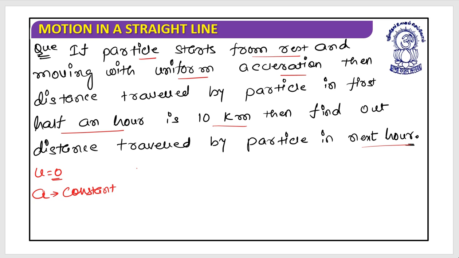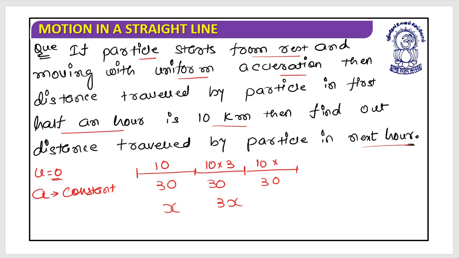That means if I arrange this as first 30 minutes, half an hour, another 30 minutes, another 30 minutes, so this distance is 10. This is 10 multiplied by 3, because if it is x, this should be 3x, and this should be 10 multiplied by 5, because this is 5x.